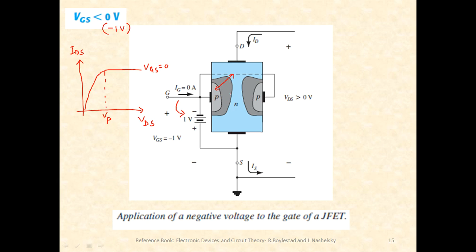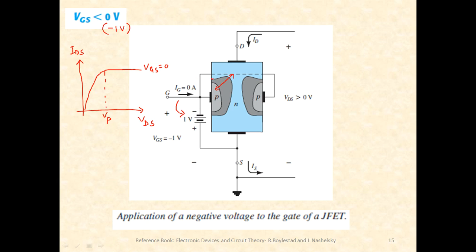And when it is stronger, it is quite obvious that the pinch off condition will be reached earlier when compared to the previous gate condition when VGS was equal to 0, right?